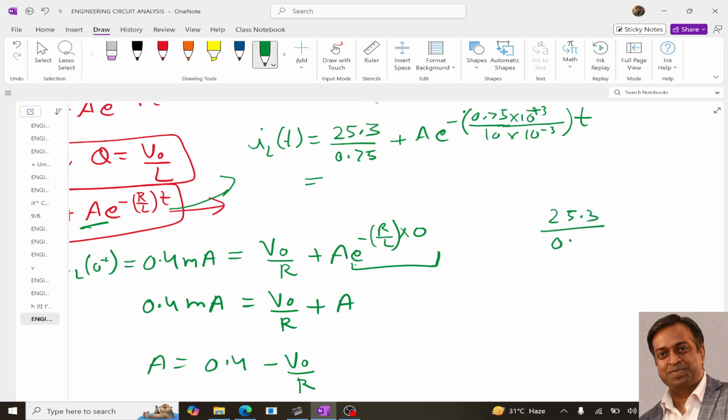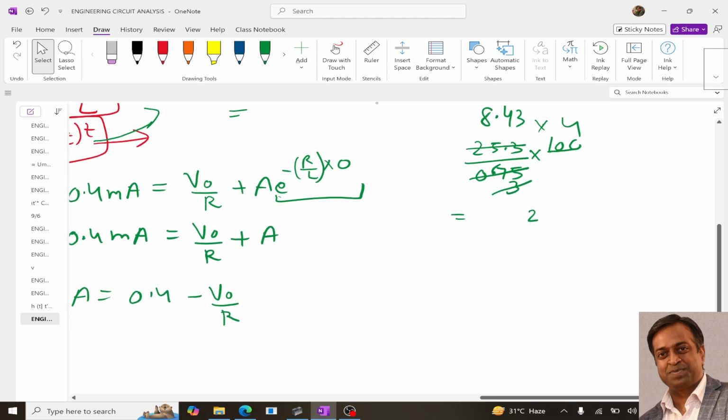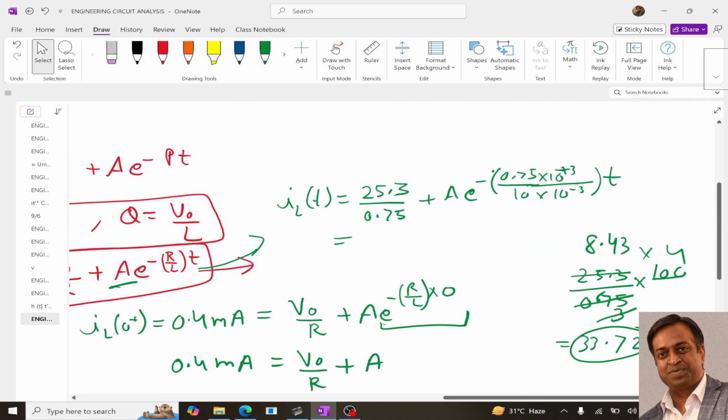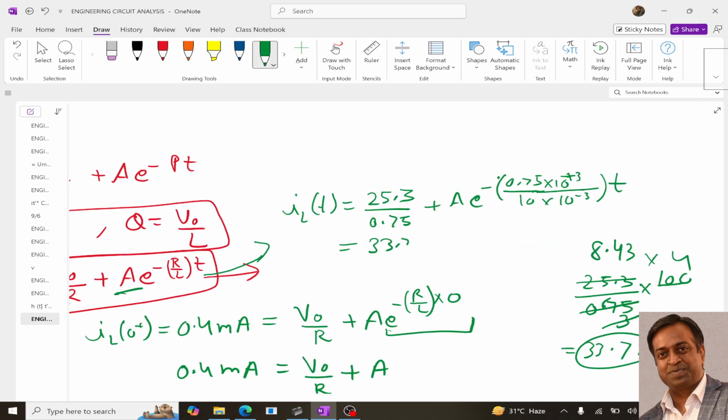25.3 upon 0.75, we get 8.43. So 8.43 into 4, we will get 33.72. So it is 33.72 plus A e power.